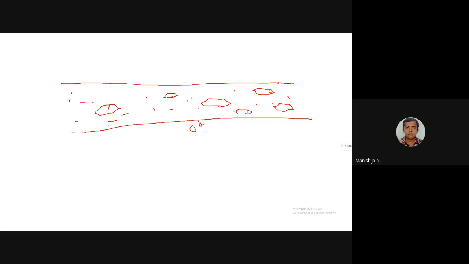Here you are measuring the absolute flux because you are not taking into account the velocity of the water. Fish is moving, water is also moving, so you are measuring the total flux. When the observer is outside the system, you calculate the absolute flux.